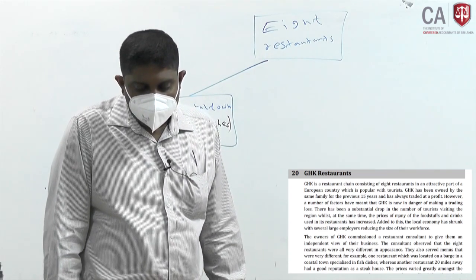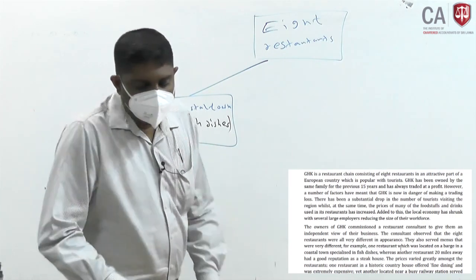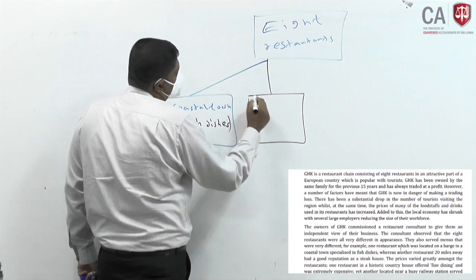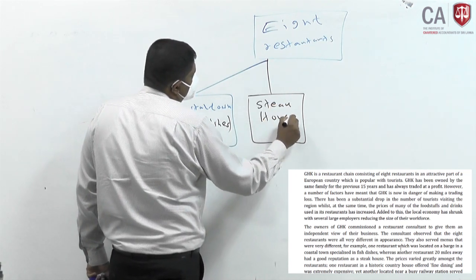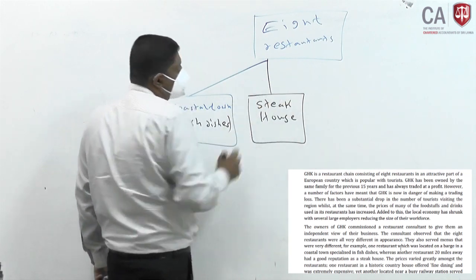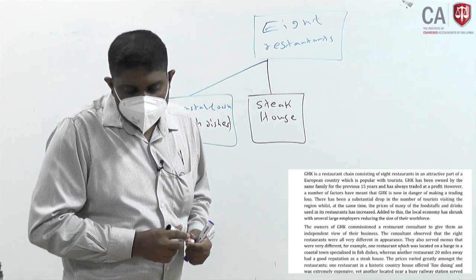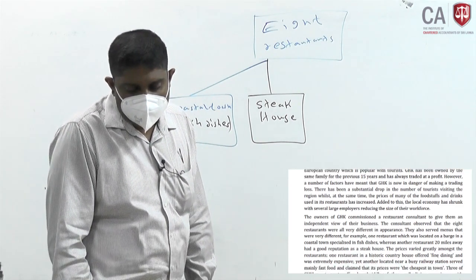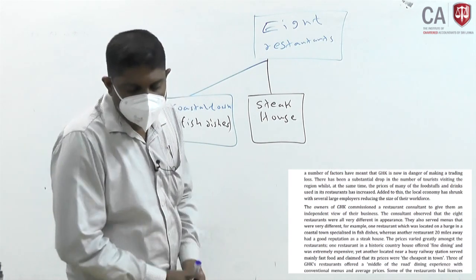Whereas another restaurant 20 miles away had a good reputation as a steak house. Another restaurant, a steak house. The prices vary greatly among the restaurants. One restaurant in a historic country house was fine dining and was extremely expensive.